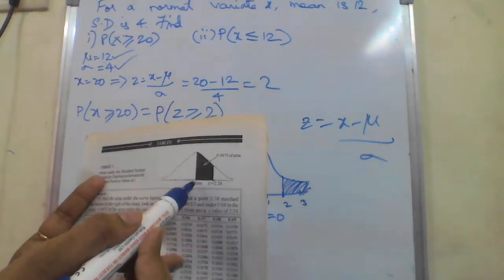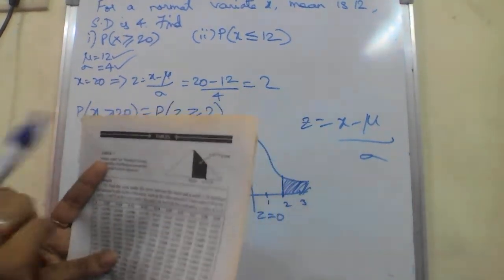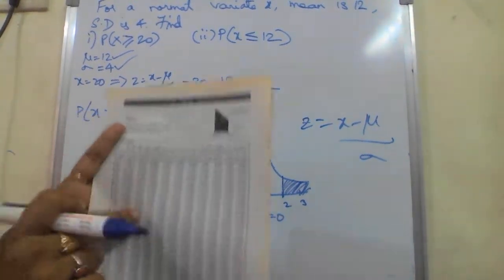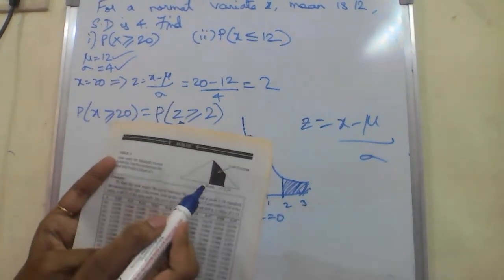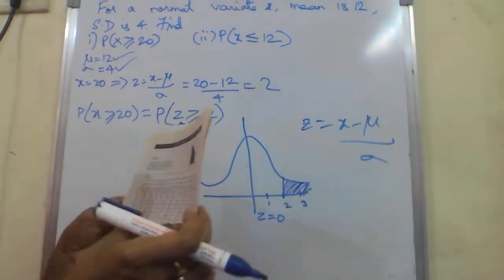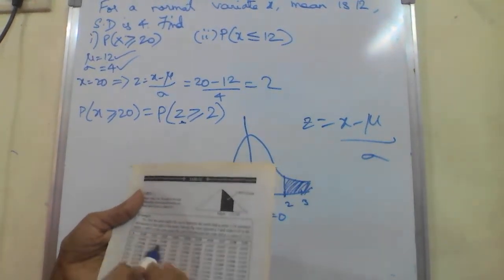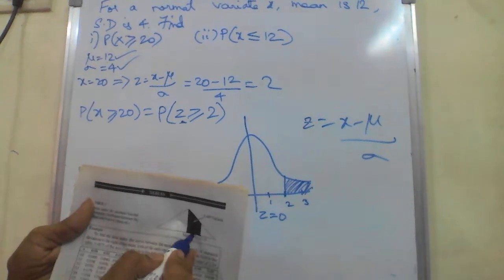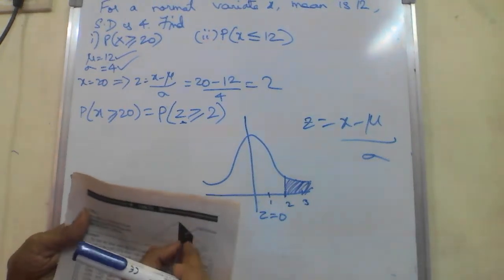This is z equal to 0, and he has shaded some part of the graph, a part of the curve. All the values in the table, whatever he has given you, are the values starting from this 0 to any particular point in the curve. So whatever value I have to find, it is from 0 to some point, or 0 to the next point, or 0 to some other point. These values are all from 0.